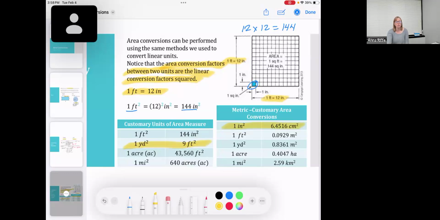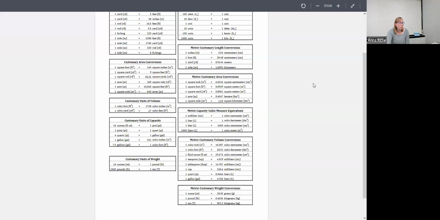You do have boxes for these in your conversion chart. We can talk about where they are. Let's see, units for area. Here are area conversions on your conversion chart, and that's for the customary system. You also have them for the metric system. Yeah, I don't see any between systems for some reason.